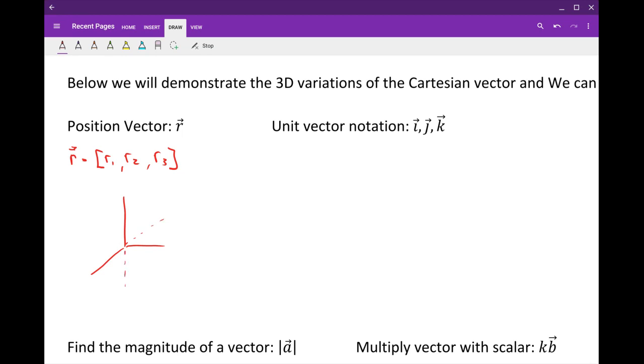A sphere. And so let's say I've got some kind of vector R1, R2, and R3. So I'd go like that, and like that. That would be the R vector.